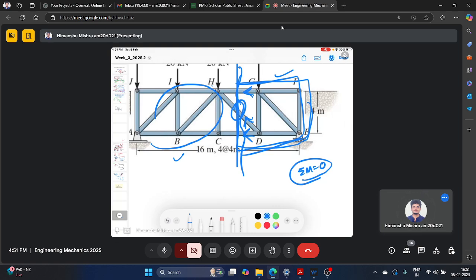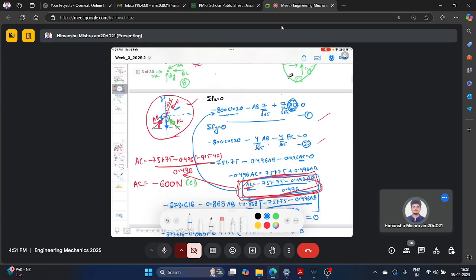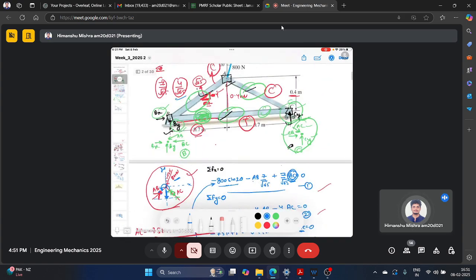When you choose the moment equation while solving by cutting the truss here across three members, you will see there is a huge reduction in the algebra. But since we are mostly familiar with the equilibrium method, you may feel that the method of joints is very simple to understand, but yes, it is very much involved also.